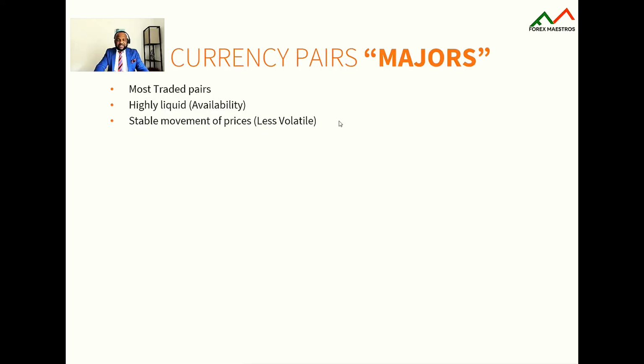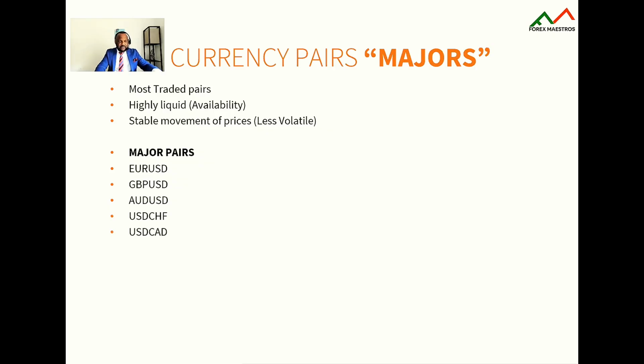So what are these currency pairs? We're dealing with currency, so let's quickly go through the major pairs. Euro USD, GBP USD, that is Great Britain pound versus dollar. AUD USD, Australian dollar versus US dollar. USD CHF, USD versus Switzerland franc.